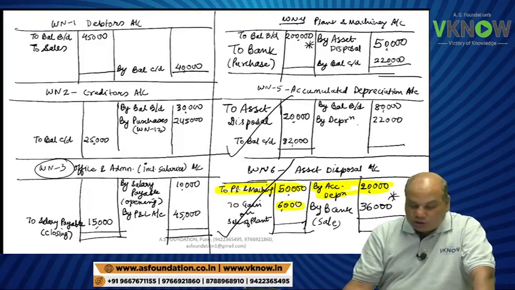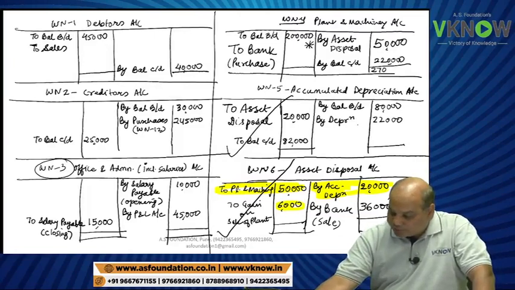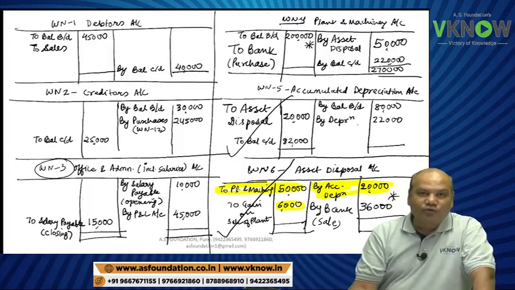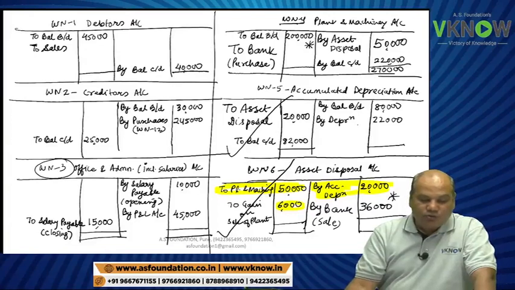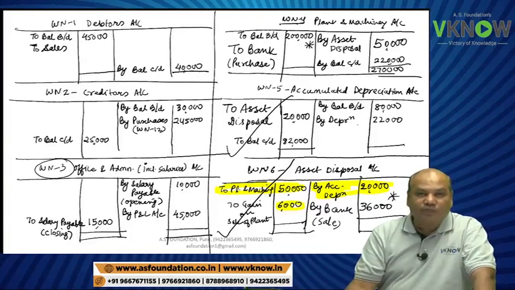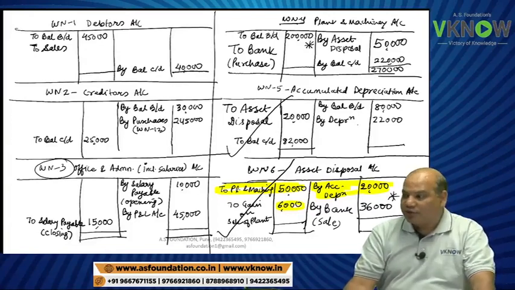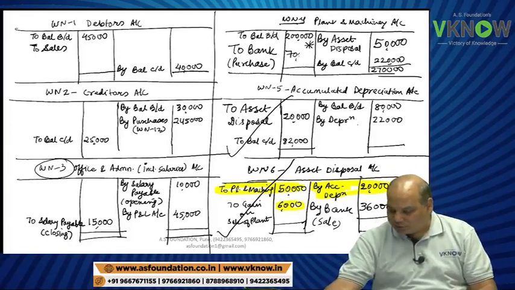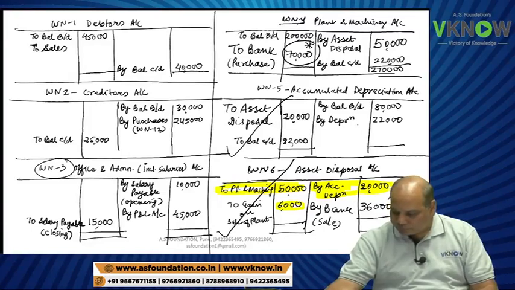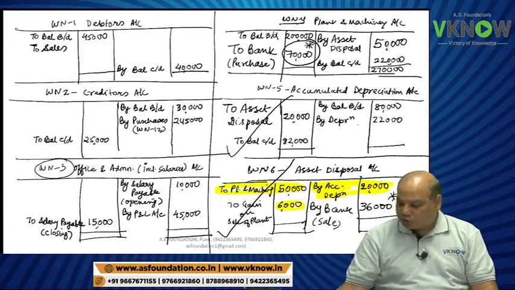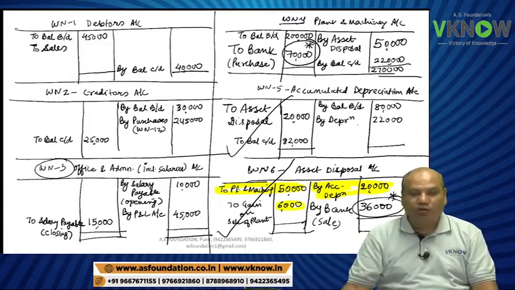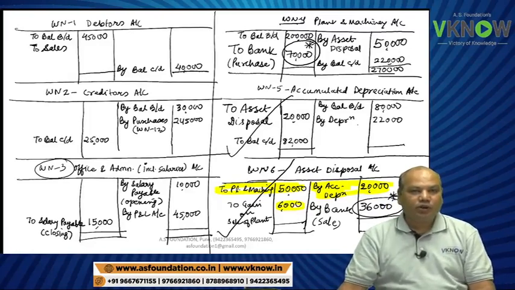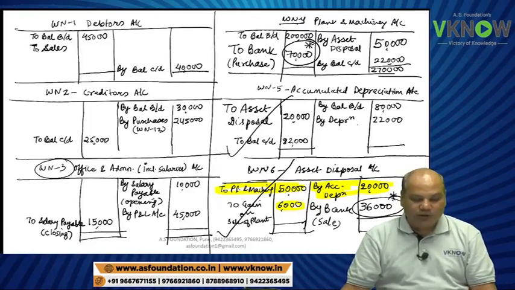Credit side total is 2,70,000. Yes, minus 2 lakh. So what is the purchase of plant value? Any answer? Purchase of plant is 70,000. So these two figures, purchase and sale of plant, we are going to write in investing activities.